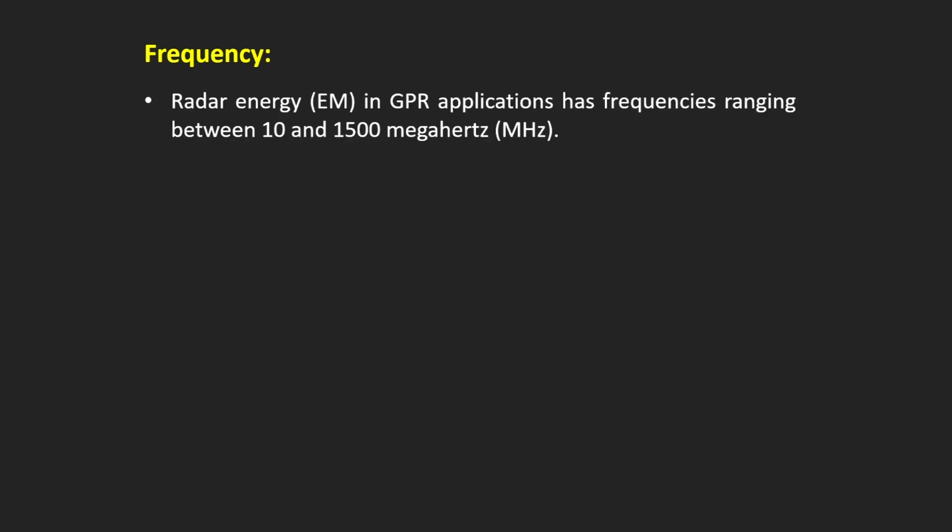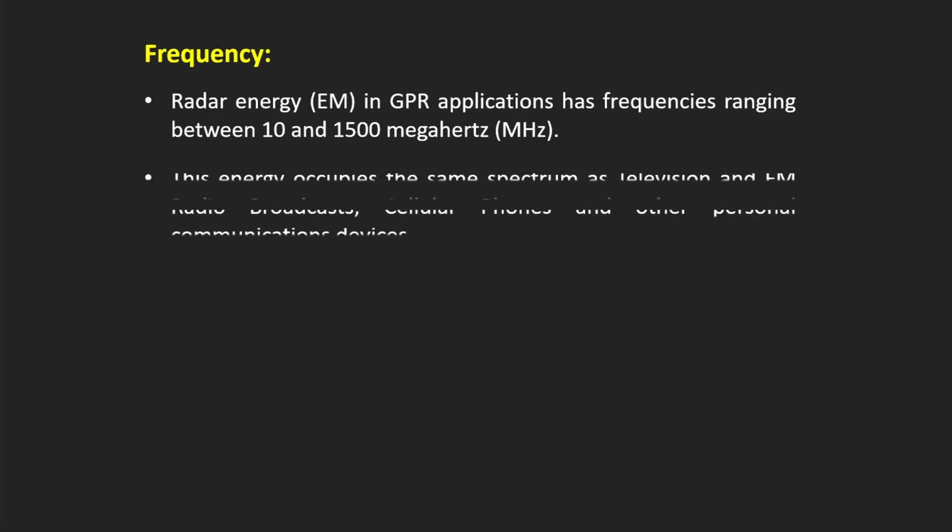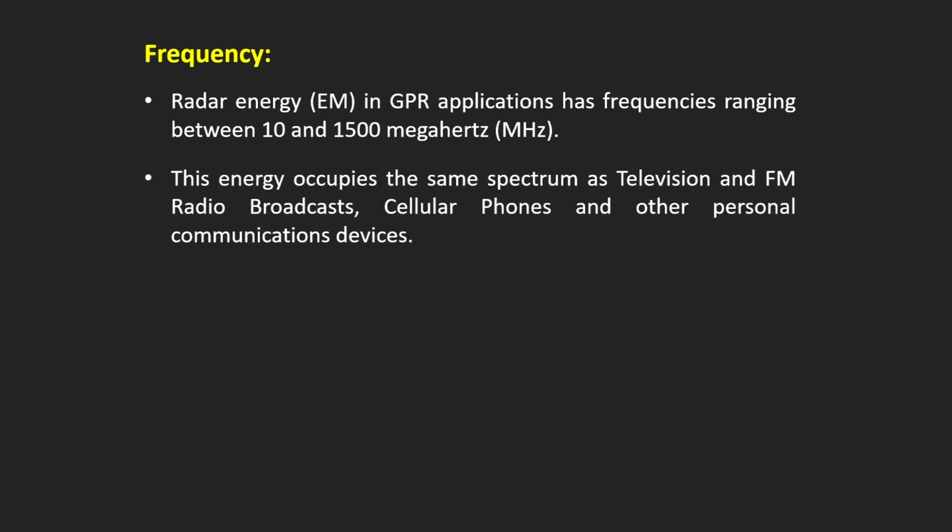Now, radar energy, if we take GPR application, the frequencies range with antennas from 10 megahertz to 1500 megahertz. And again, as I told, this energy occupies the same spectrum of television and FM radio broadcast, cellular phones, and other personal communication devices.